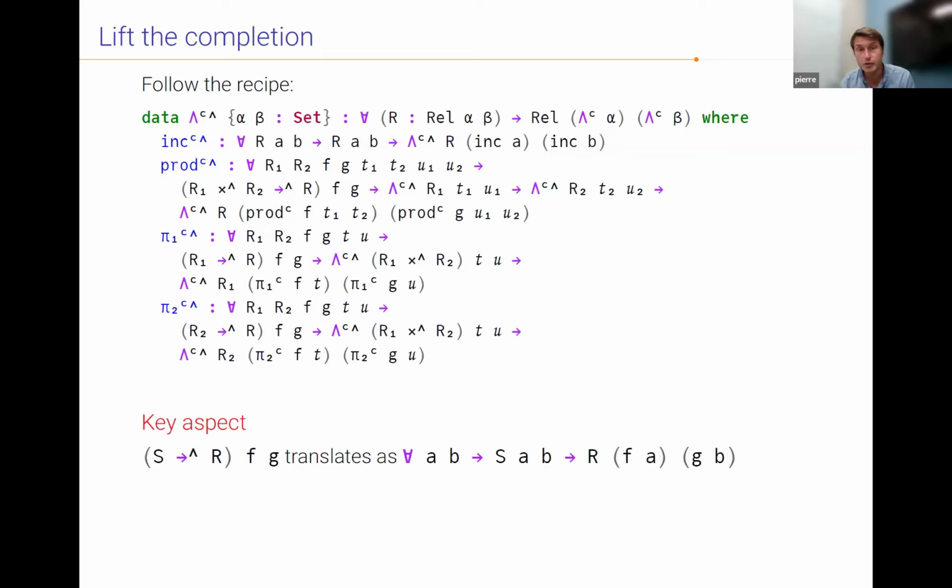So we relate two functions by the lifting of S and R, when for every input which are related by S, then the output of F applied to the first input and G applied to the second input are related by R. And so in particular, when F and G are the identity functions, then it really means that S is included in R. Whenever S relates A and B, then R relates A and B. And so for the elements that are coming from lambda itself, that we have inputted in lambda C, this F and this G will be the identity, as we discussed.